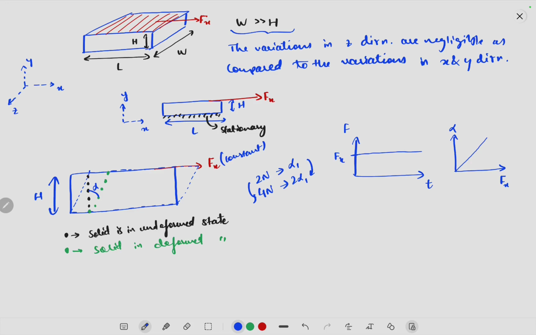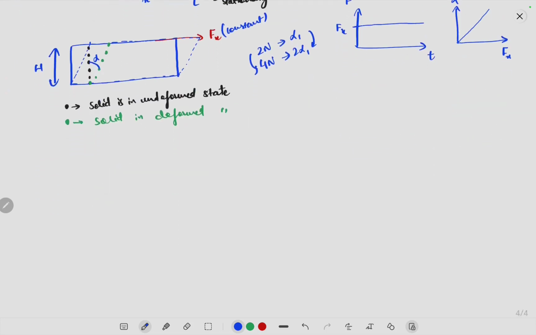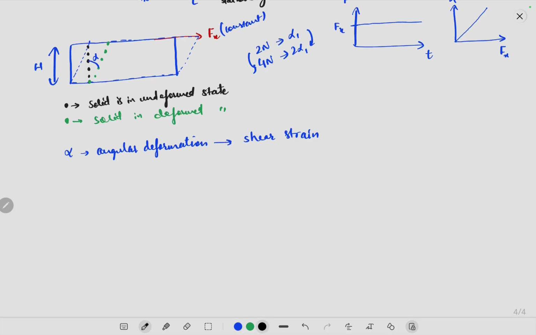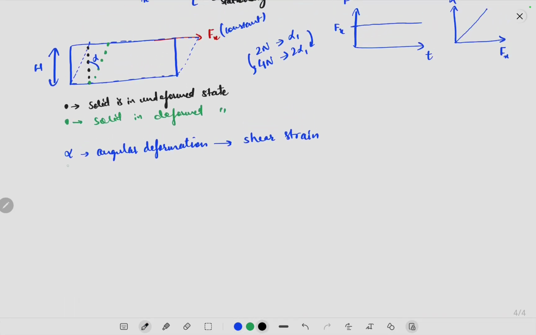Okay, for such kinds of deformations, this alpha, which is the angular deformation in the solid, is commonly referred to as shear strain. Now when a solid is deformed to an angle alpha, there are internal stresses which generate inside the solid.